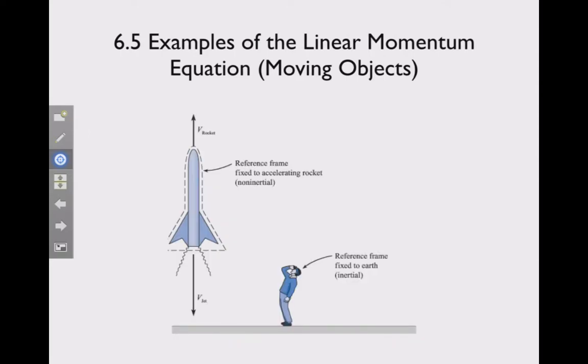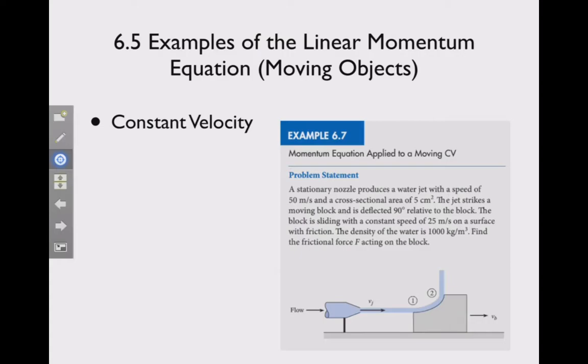The book has a great example here of showing when you would have a system with a constant velocity. So you should take a look at this particular example in the book. What we have here is a nozzle. The example shows that we have a 50 meter per second jet coming out of a 5 centimeter squared nozzle, and we can certainly describe the momentum of the fluid coming out of here, but that is hitting a vane, and the vane in this case is moving at a constant velocity.